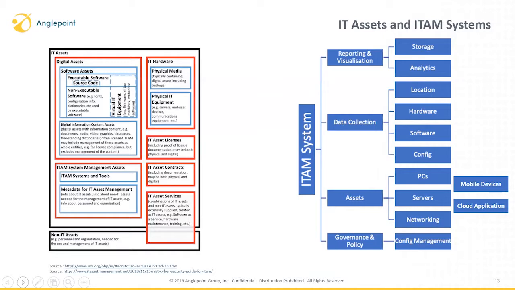ISO 27001 is about information security, and ISO 19770 is about IT assets management. So you can see on the left side, these are all the assets that you can imagine in your environment, except human capital. All the things that touch your digital or enterprise environment fall into IT assets management. It could be physical servers, your cloud applications, or any kind of software or application installed on them.